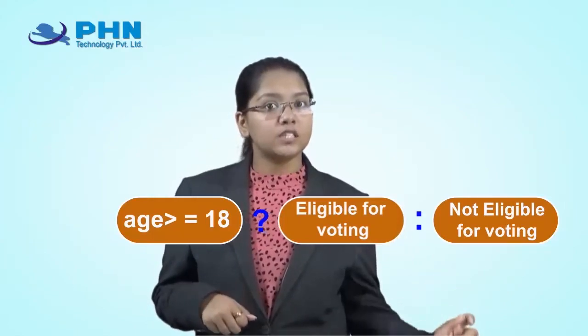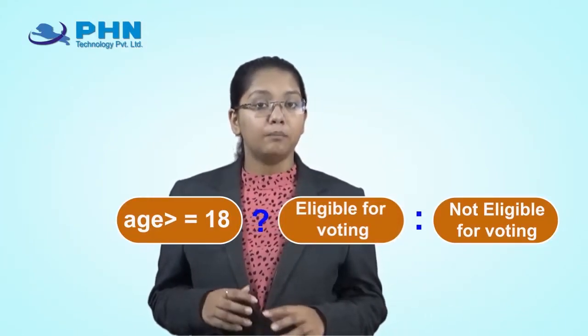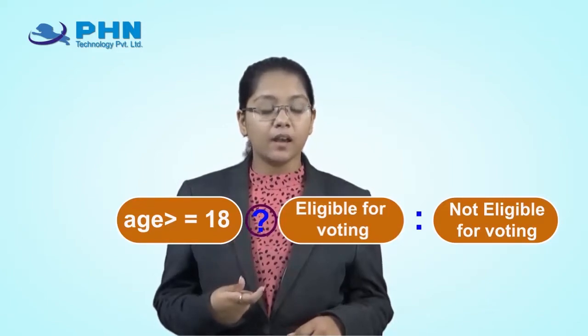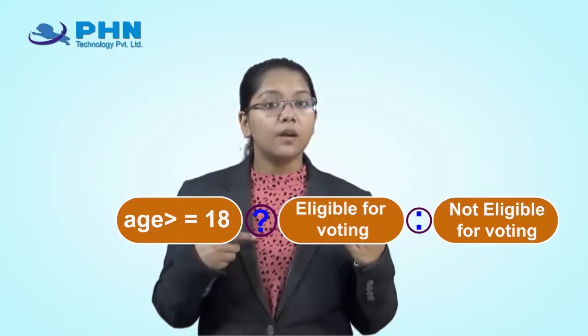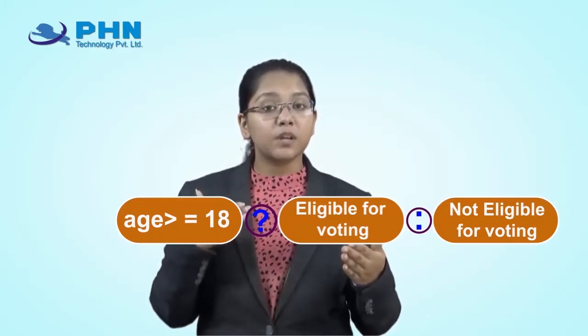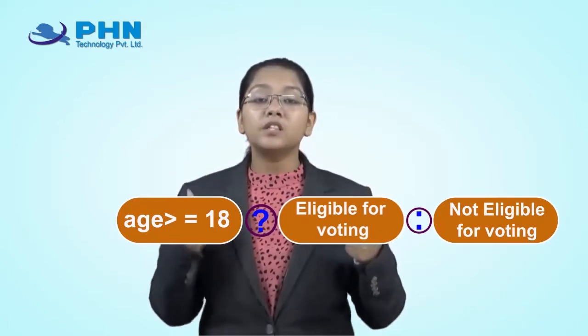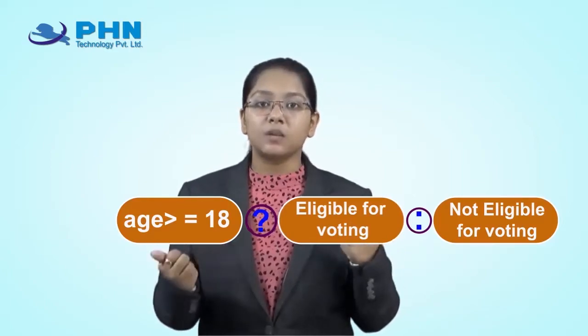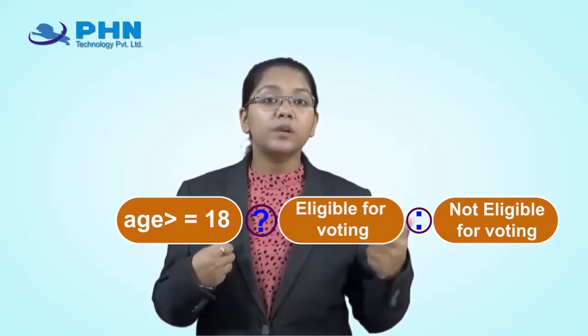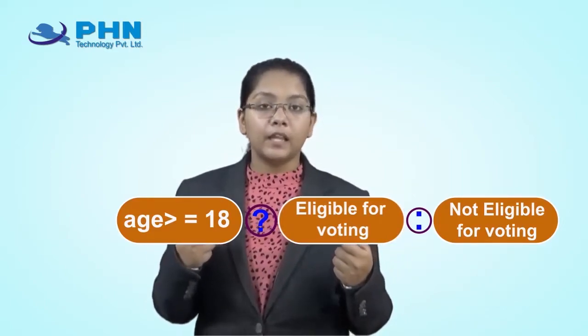After the colon, the statement is printed. The question mark and the colon are the operators which bifurcate your condition and your printf statements, like if else. So the conditional operator is also doing the work of if else. Now what is the basic difference between them?